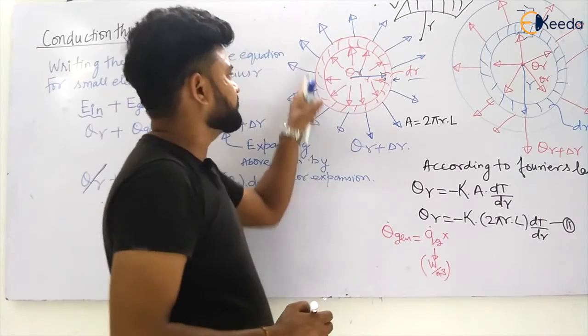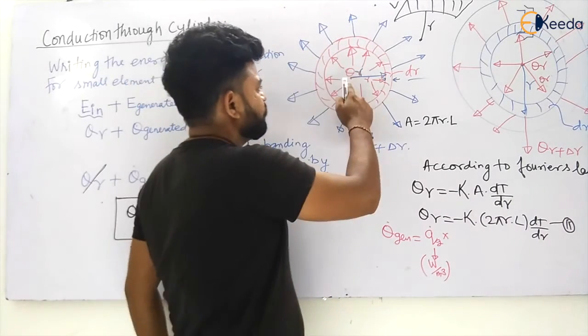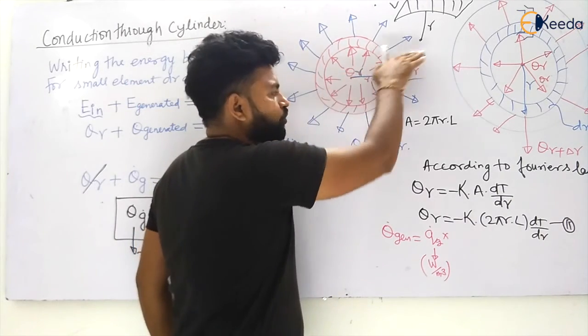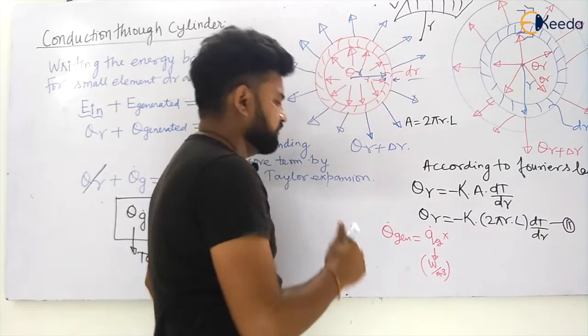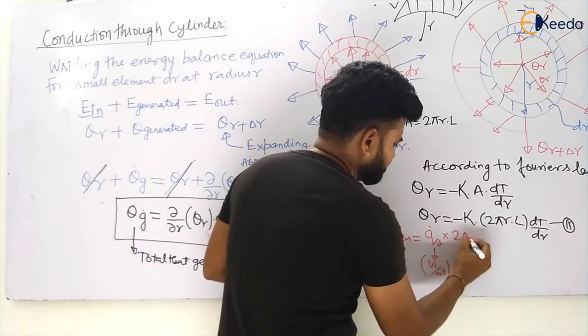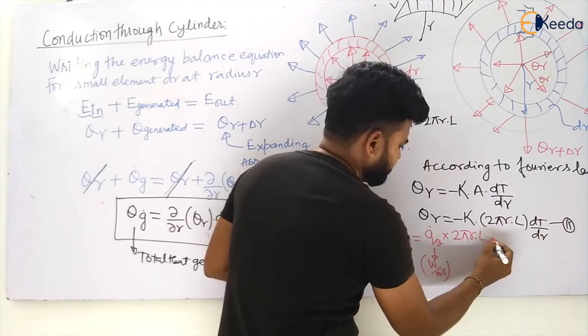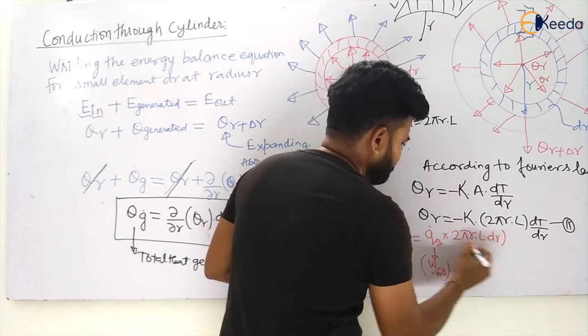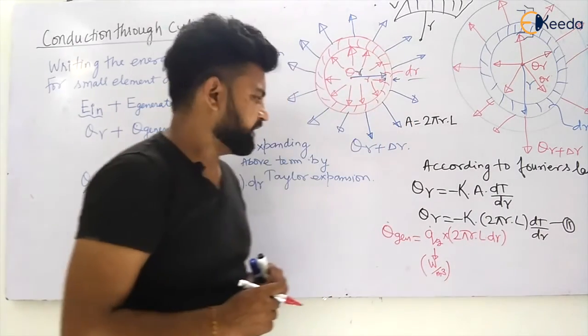What will be the volume of this element, my dear students? It will be 2 pi r into L multiplied by dr.